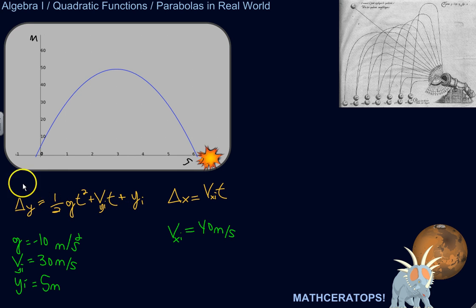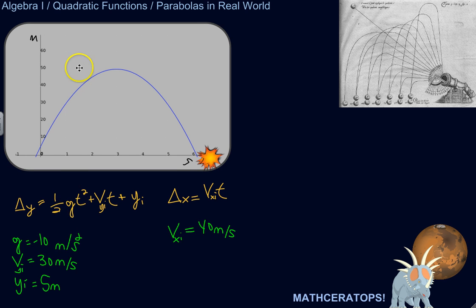Delta y, change in y, meaning its displacement from the ground, if you consider the ground your starting point, its height basically is equal to 1/2 times g, which stands for the acceleration due to gravity, which is roughly negative 10 meters per second squared.